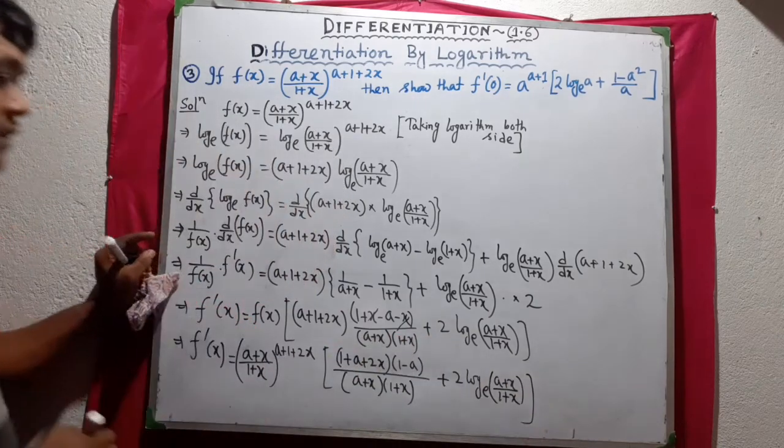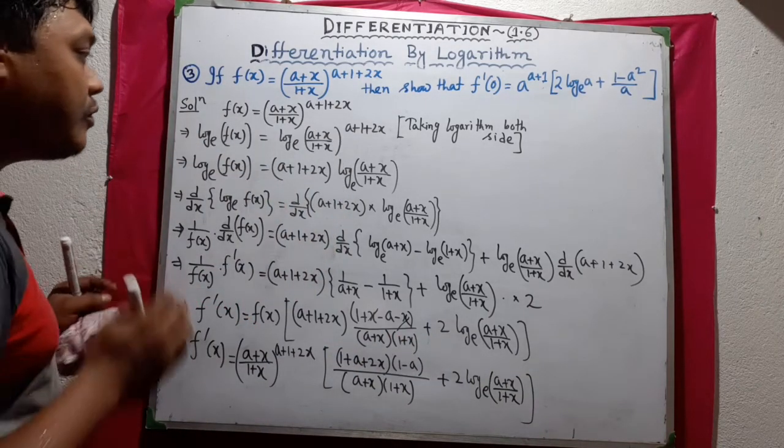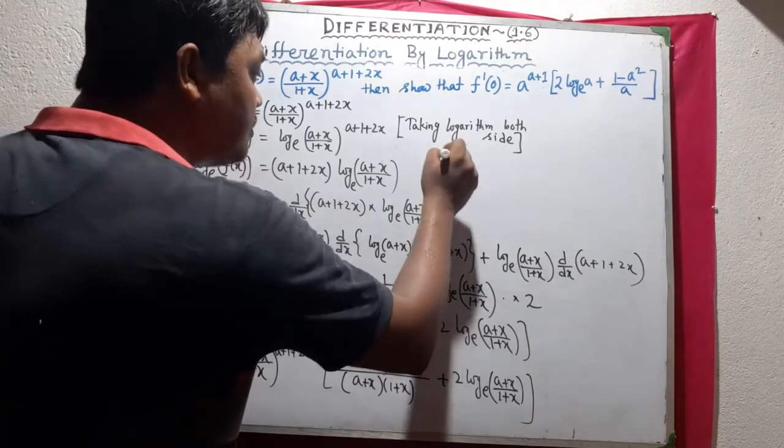Just I simplify. So now put x equals 0. f dash 0 means x equals 0.